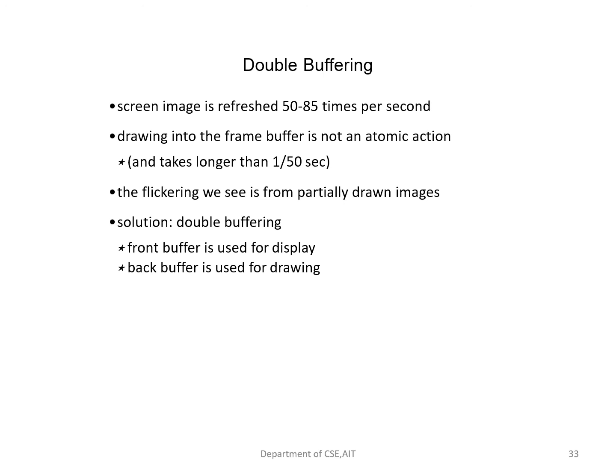The software solution for this is to design a double buffer. That means you can have two buffers, one front buffer and one back buffer, one for drawing and one for displaying. These two will be swapped time and again, and then you get an effect of movement. That is called double buffering.